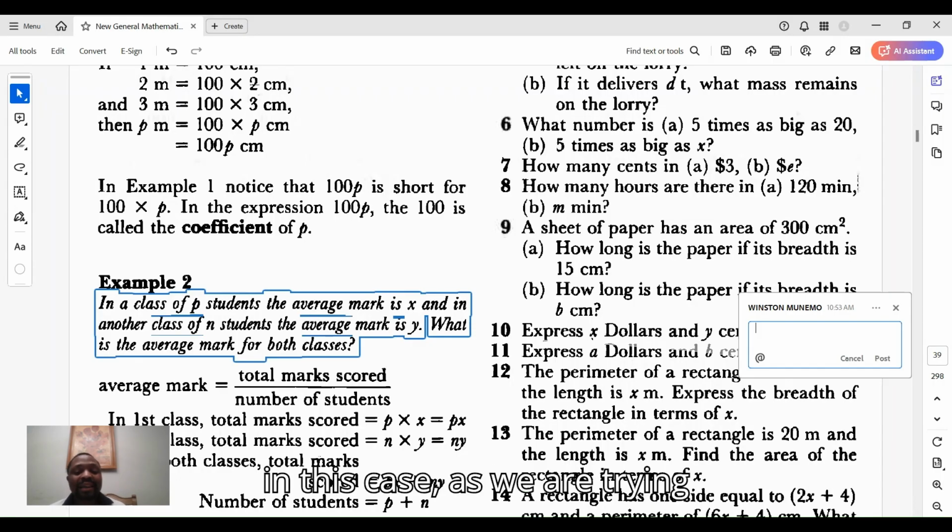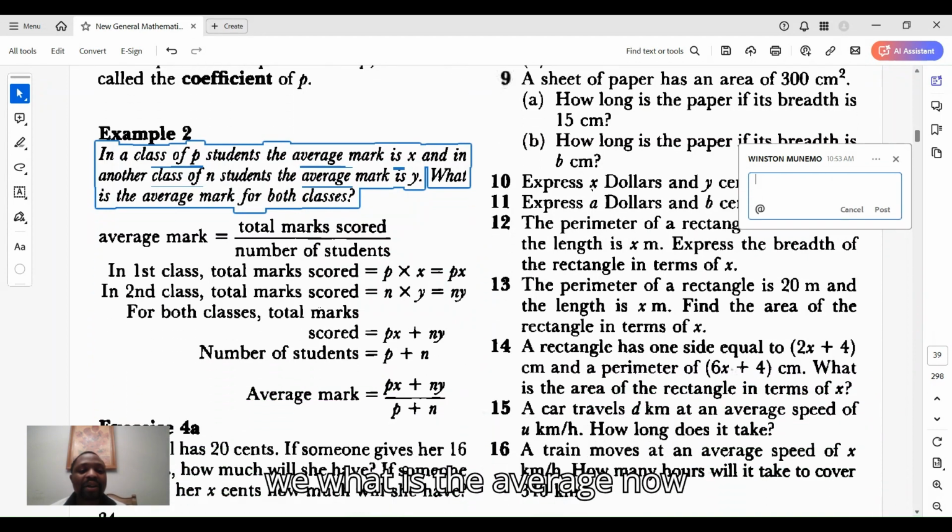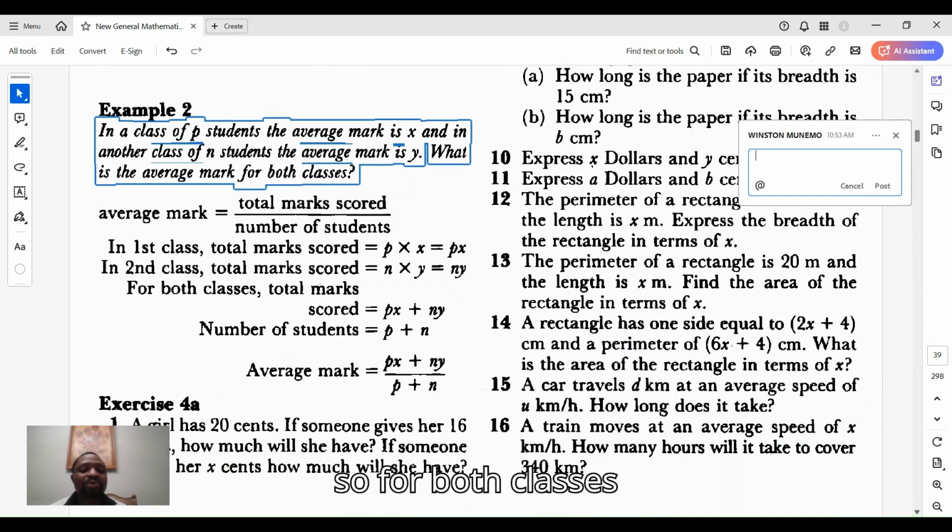So in this case, as we are trying to find the average for both classes, the total marks scored is equal to px plus ny, and the number of students is equal to p plus n.